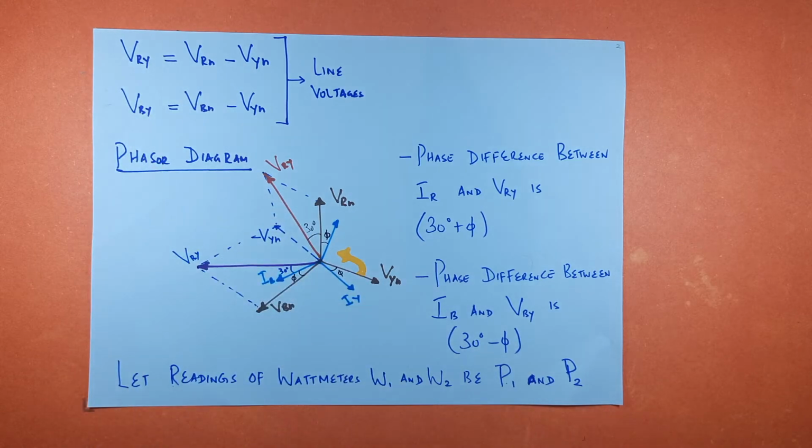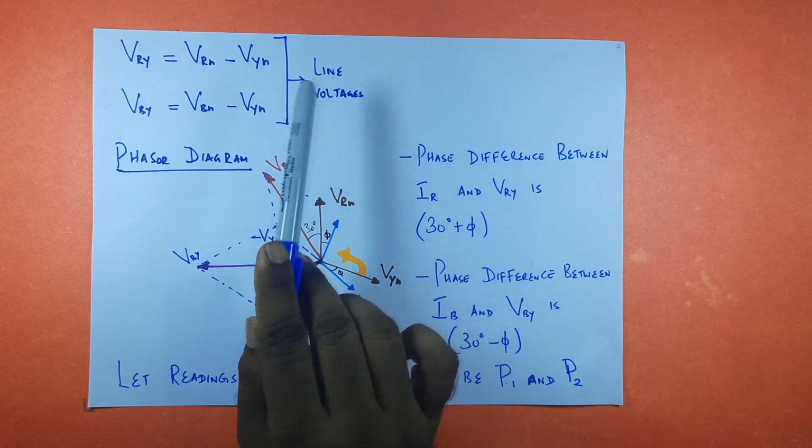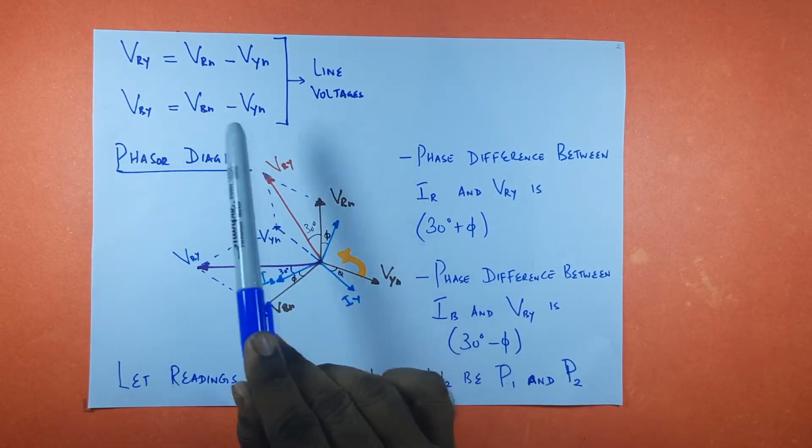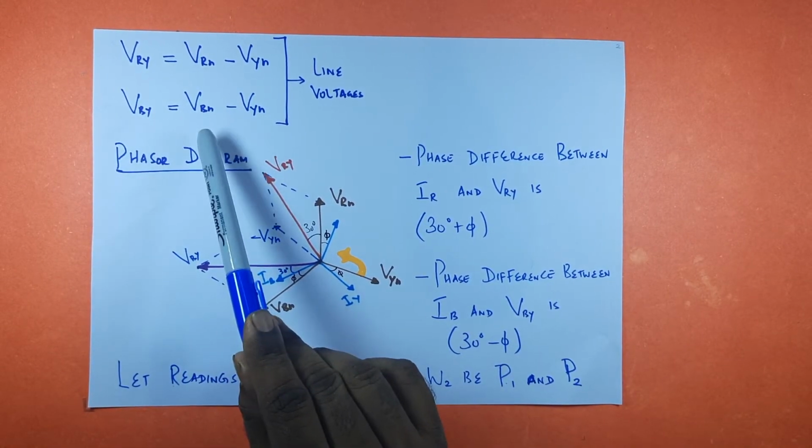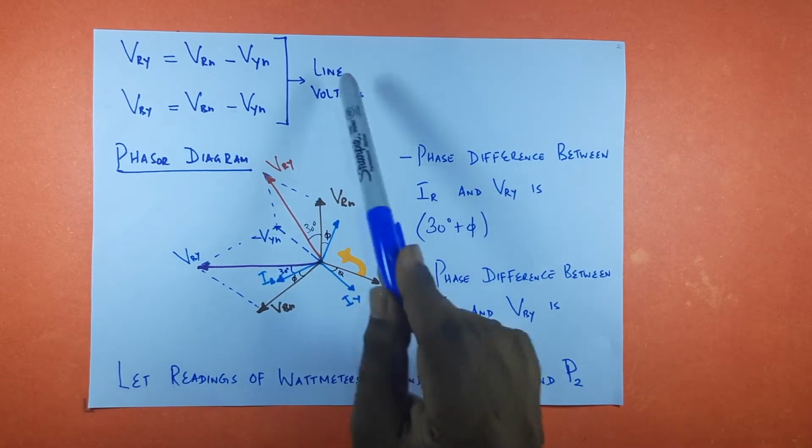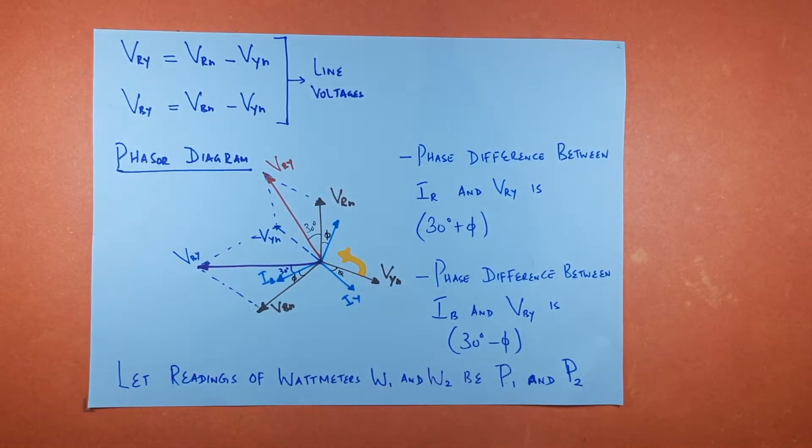So we know very well VRY equal to VRN minus VYN, VBY equal to VBN minus VYN. So VRY, VBY are line voltages. VRN, VBN, VYN are phase voltages.